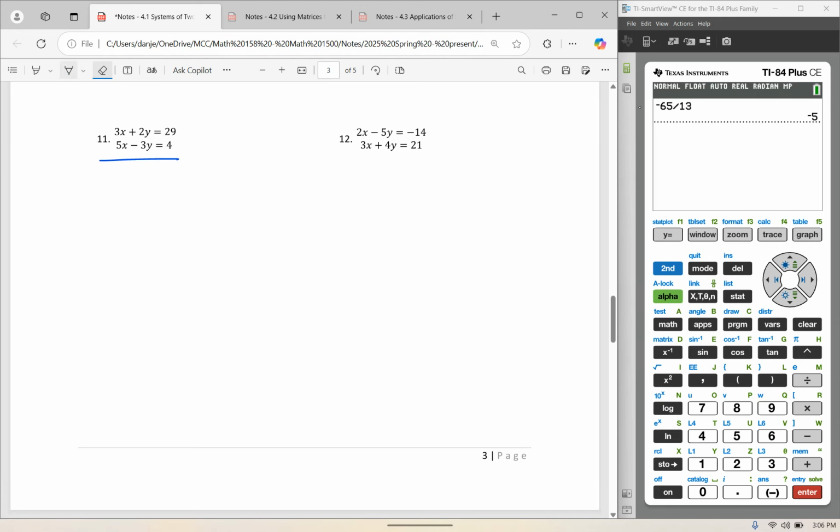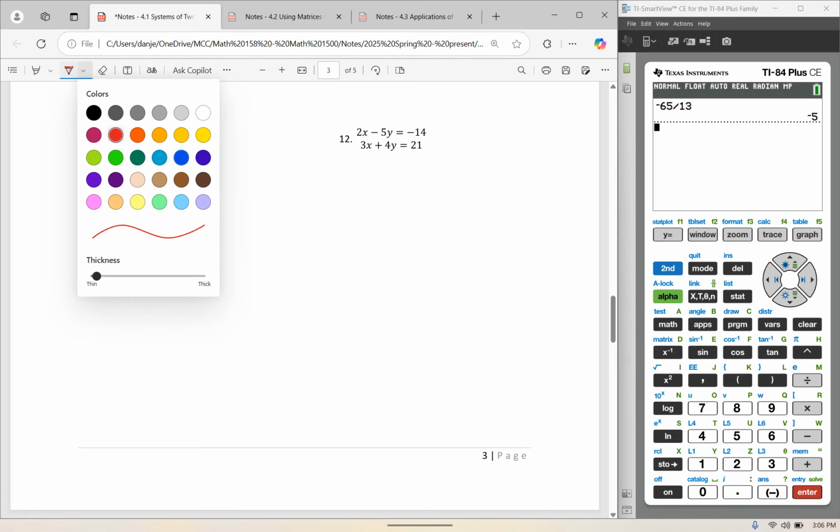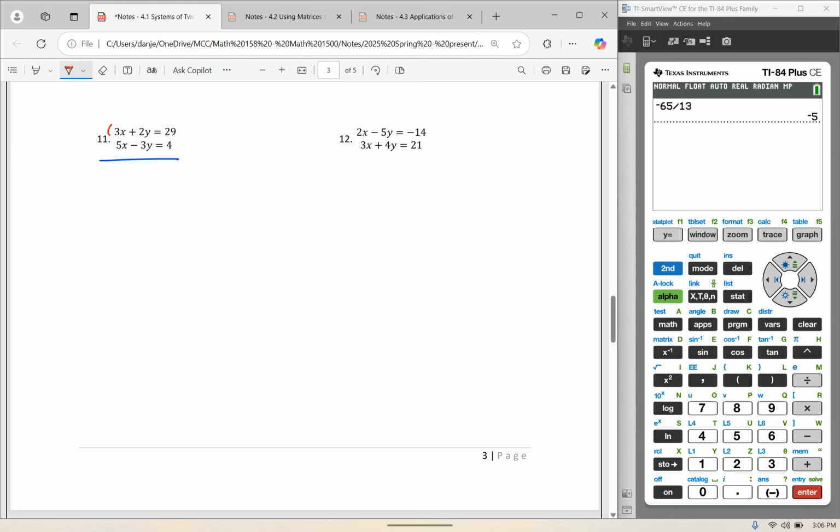What I'm going to choose to do is multiply the top equation by 3. So that top equation will become 9x, right? 3 times 3x, 3 times 2y is 6y, and 3 times 29 is 87.